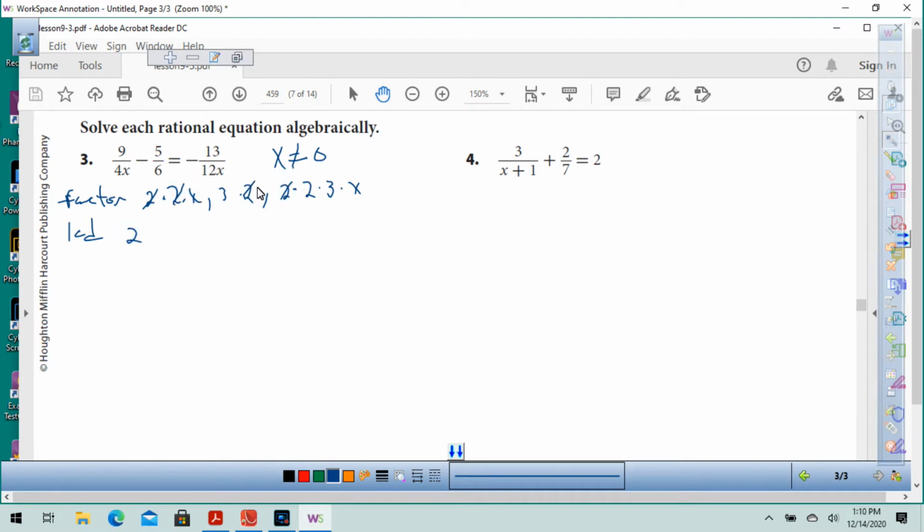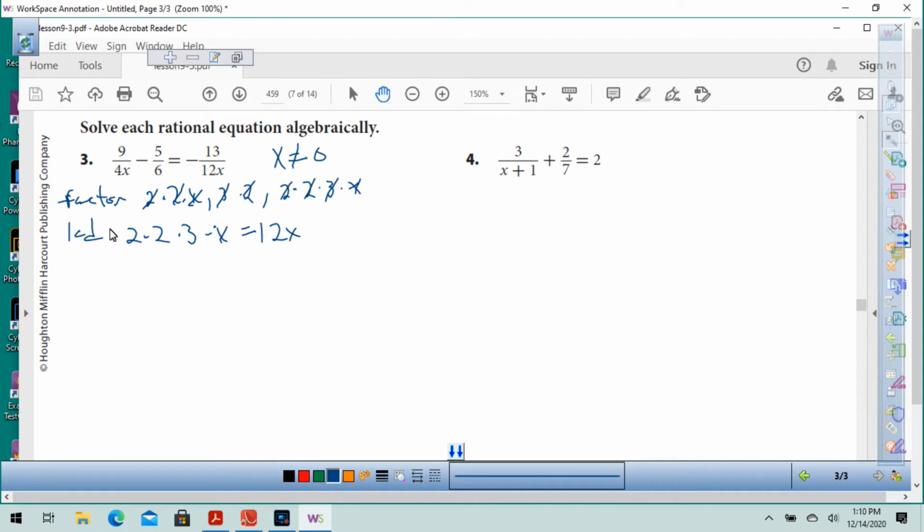And we got another 2, but there's not one there and there's one there, so 2 times 2. And we got a 3 here and a 3 there, so that's times 3. Then we got an x. 2 times 2 is 4, times 3 is 12. So we got 12x as our least common denominator.